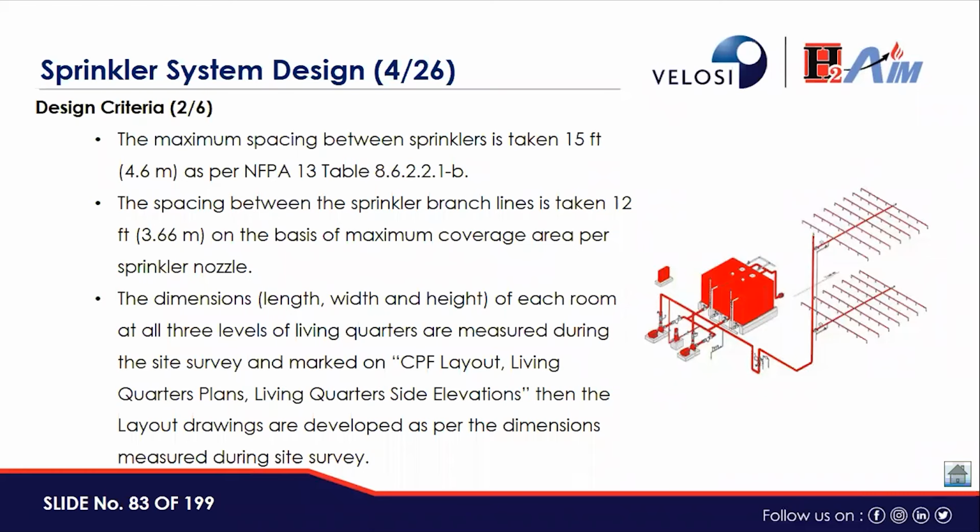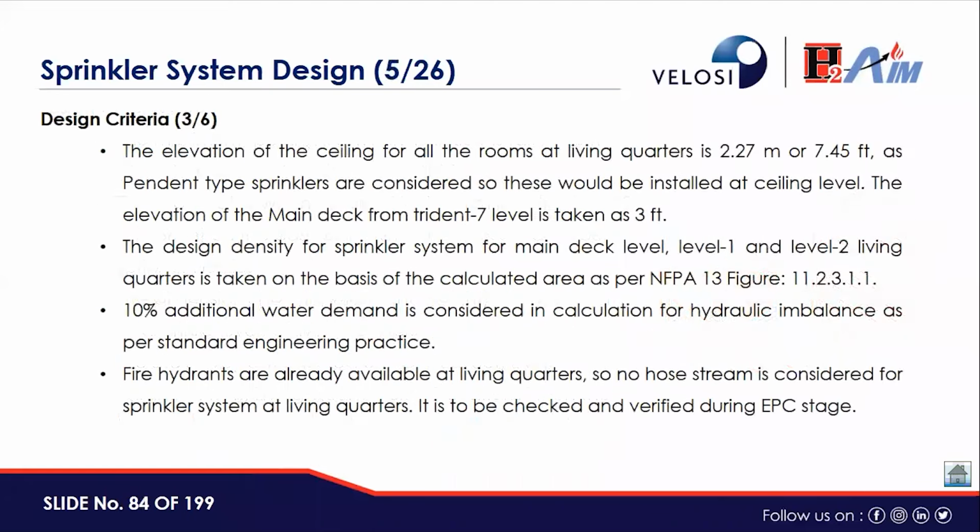Then the layout drawings are developed as per the dimensions measured during the site survey. The elevation of the ceiling for all the rooms at the living quarters is 2.27 meters. As pendant type sprinklers are considered, these would be installed at ceiling level. The elevation of the main deck from the Trident 7 level is taken as 3 feet.